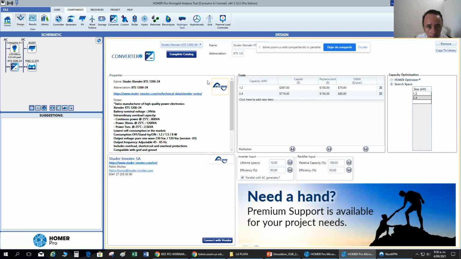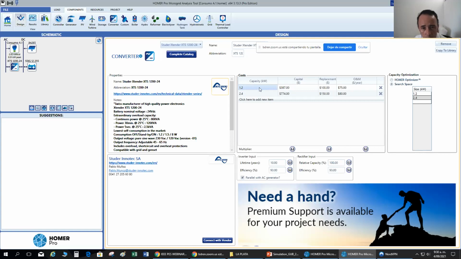But with this, I need the costs, the real cost. So I call or write an email or look for it on the internet. And in our case, this converter costs about $387 for this capacity.